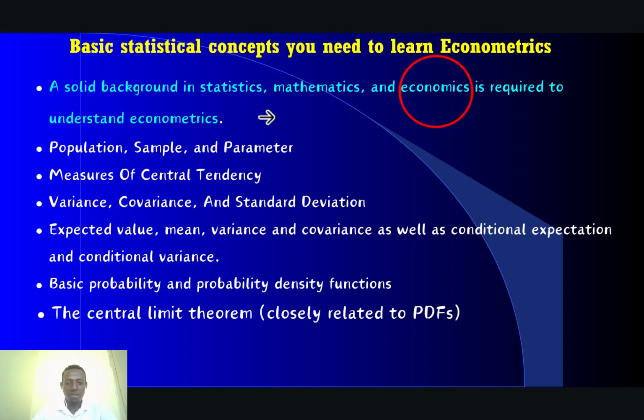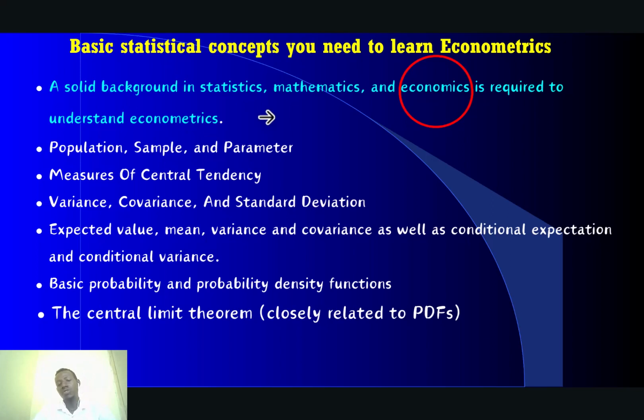So you need to have some basic knowledge of economics and statistics, otherwise it will be difficult to cope with problems and data analysis tools. You need to be familiar with population, mean, sample. They are simple terms actually, parameter. Measures of central tendency, variance, covariance, standard deviation, expected value, mean.